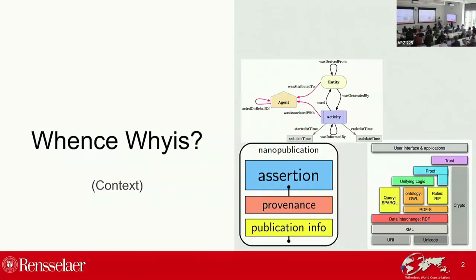So between nanopublications as a structure for capturing graph provenance, and Prov itself as a way of describing that provenance, we actually have a lot of really interesting opportunities for knowledge graph management.